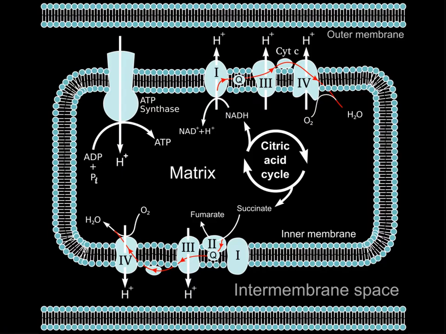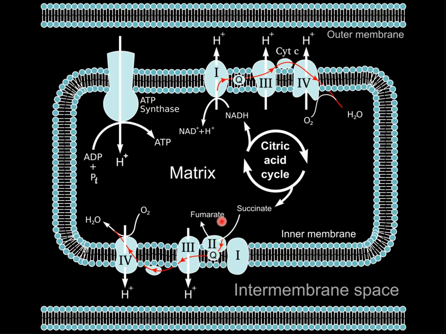Just a reminder where we're getting that. Again, we're getting that from complex 1, complex 3, complex 4. One reason that FADH2 doesn't get as many is that FADH2 is getting dropped off here, as part of complex 2. Complex 2 itself does not get any proton pumping happening.